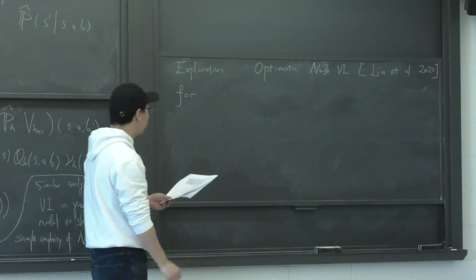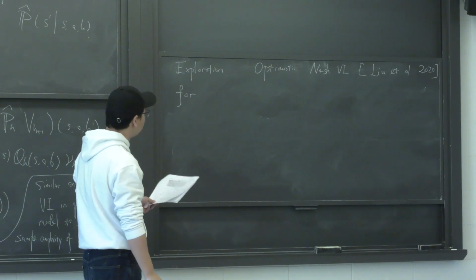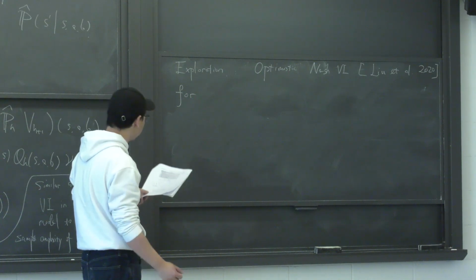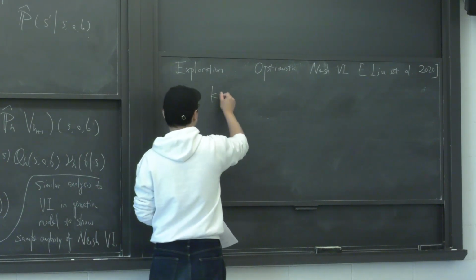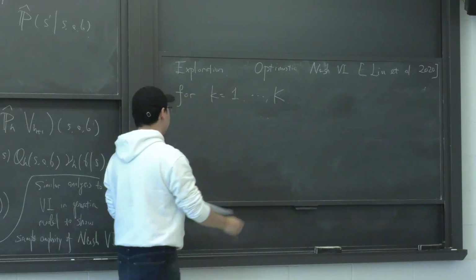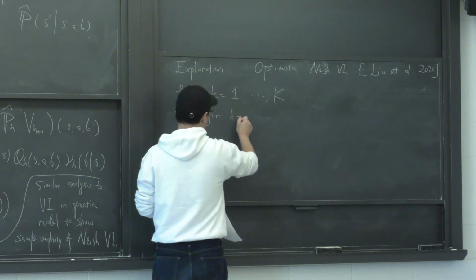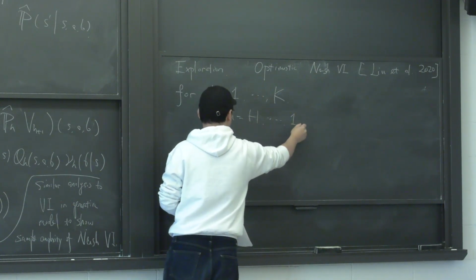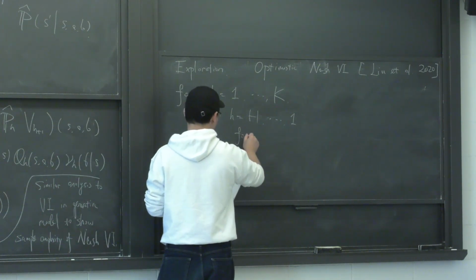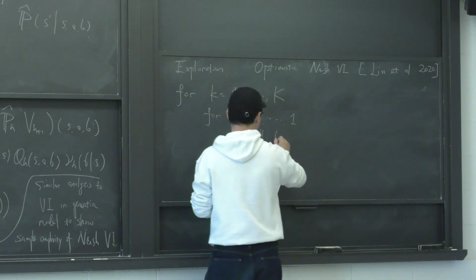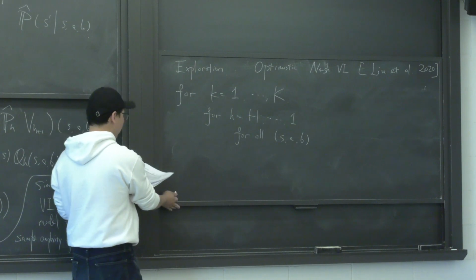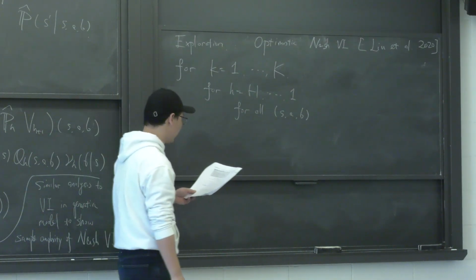So remember, optimistic value iteration is composed of two parts. The first part is we compute the Q value, and the second part is executing a policy. So we'll do a similar thing here. For k equal to 1 to capital K, and for h equal to capital H down to 1, for all state-action pairs, we compute the optimistic Q value.